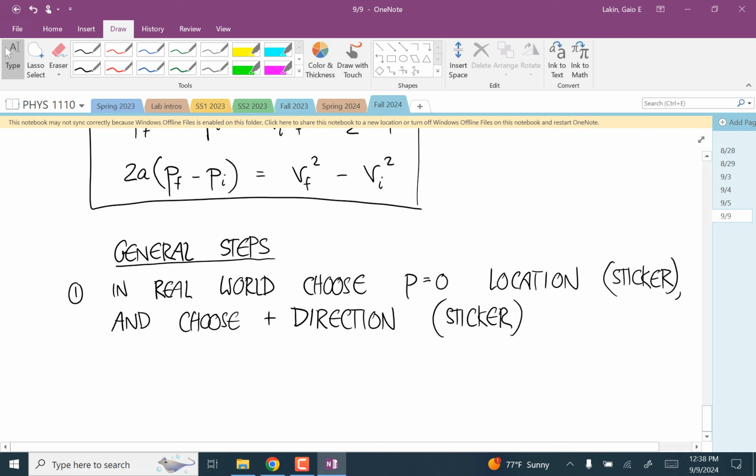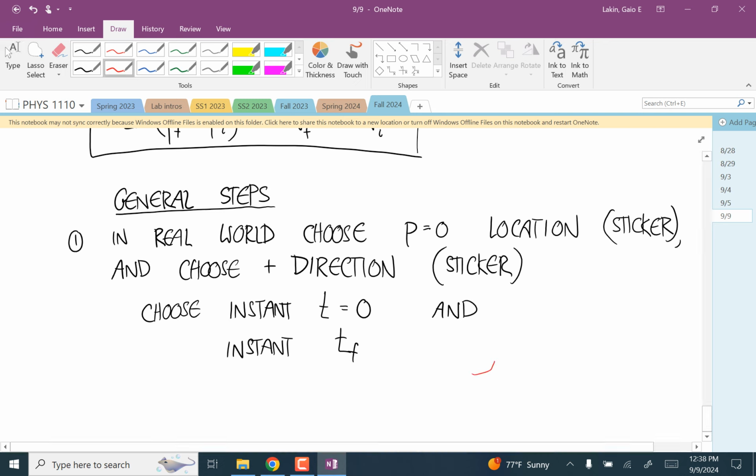And then you need to choose two more things. Choose an instant that you're going to call time equals 0. That's when you turn the stopwatch on. And choose an instant, time final, where you turn the stopwatch off to look at the value.